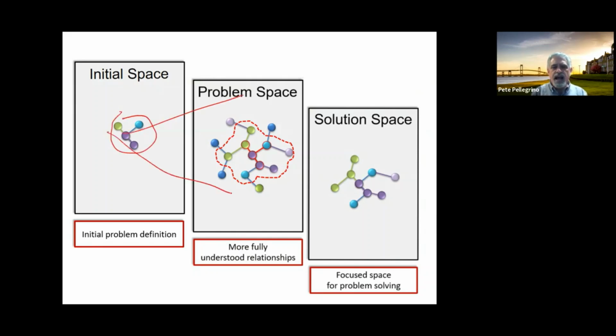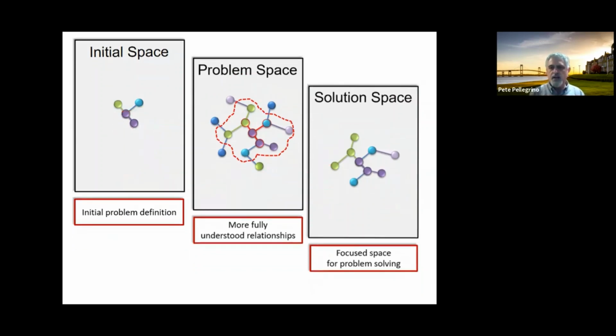We've expanded it out, and now we've started to contract it again. This is still bigger than what we started with, but it's not as big as the entire universe. And it starts to inform that space, figuratively speaking, where we're going to try to build our game, where it's going to have its components and elements that begin to approach those pieces parts that seem to define our sponsor's problem.